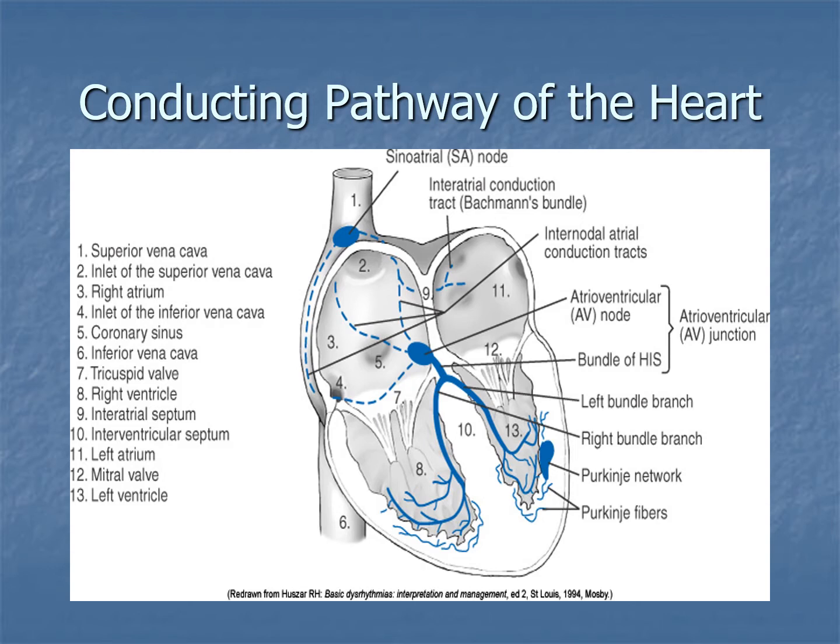And likewise, it is issues that can occur with this conducting pathway, such as if someone has a heart attack and they suffer tissue death in the heart, that can affect this conducting pathway and result in abnormal heart rhythms.